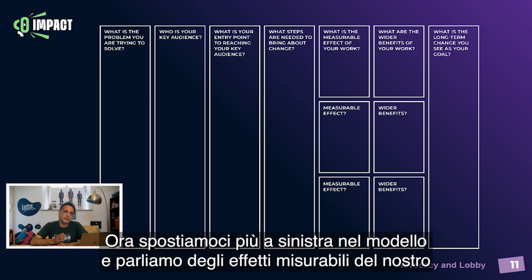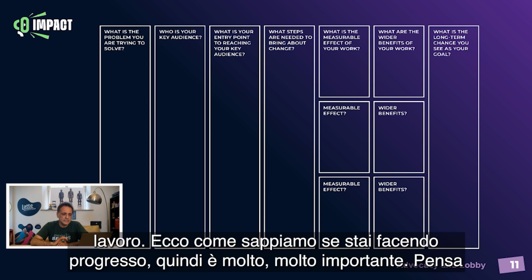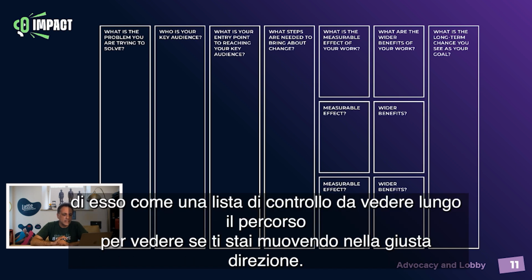Now let's move further left in the template and talk about the measurable effects of our work. This is how we know if we are making progress, so it's very, very important. Think of it as a checklist to see along the way if you are moving in the right direction.